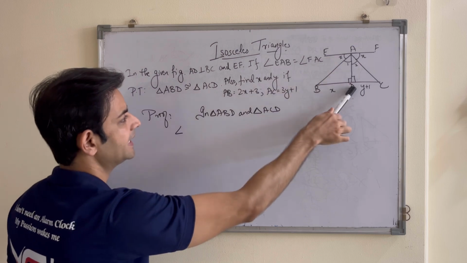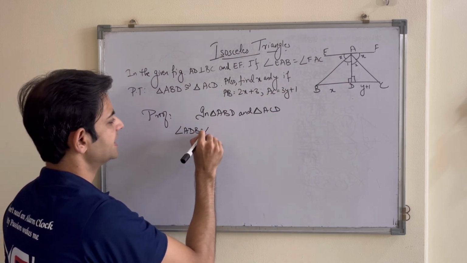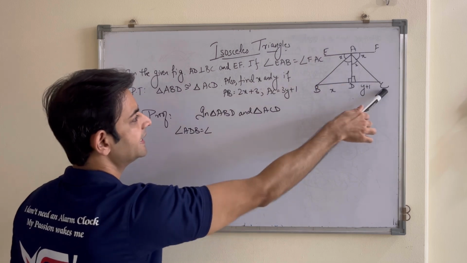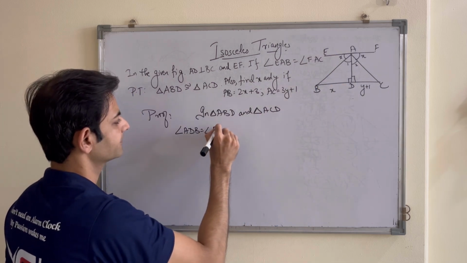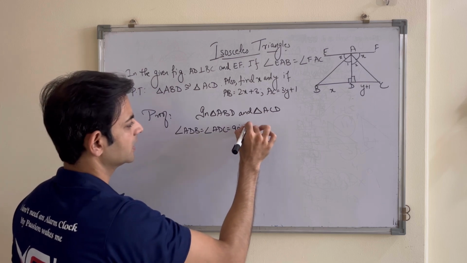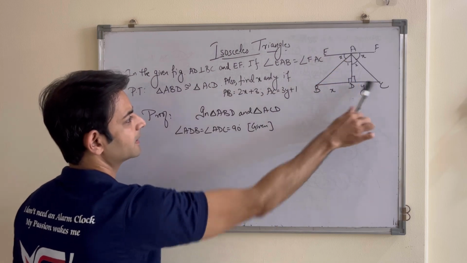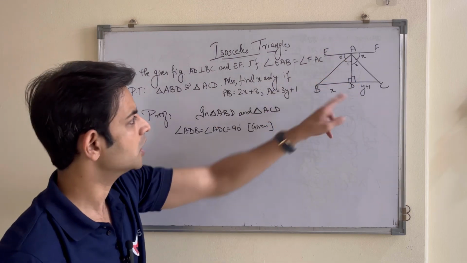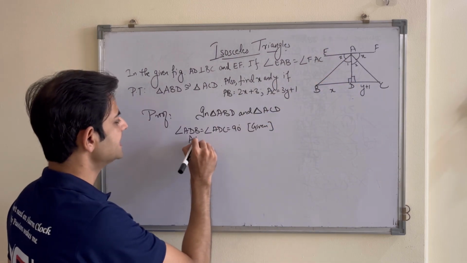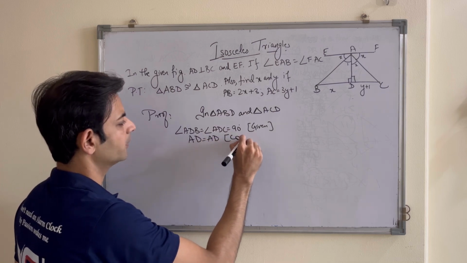Angle ADB is equal to angle ADC, 90 degrees, given, or you can also write AD is perpendicular to BC. Also, AD is equal to AD because it is common.